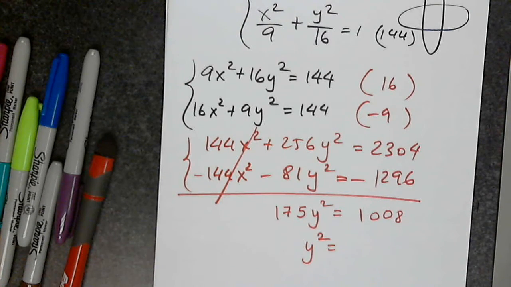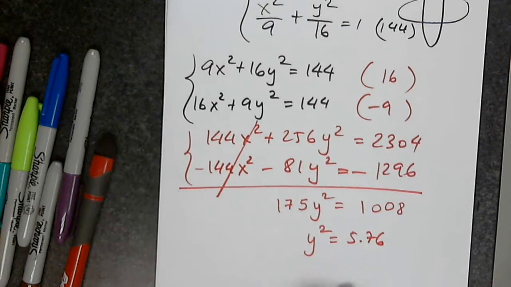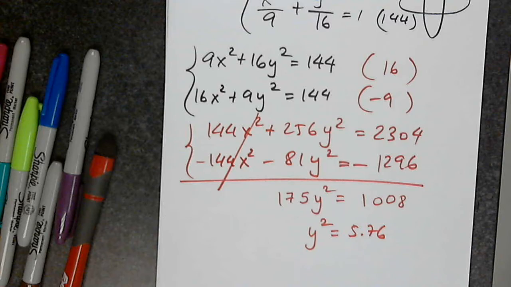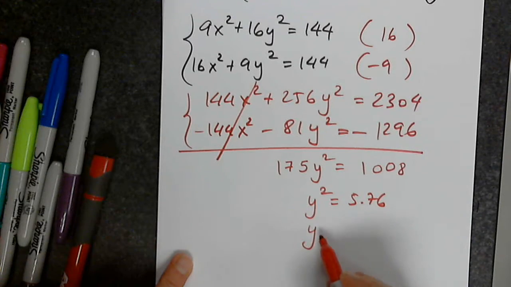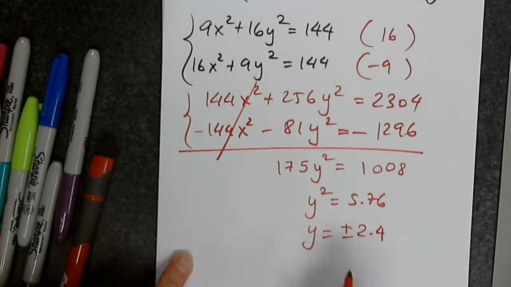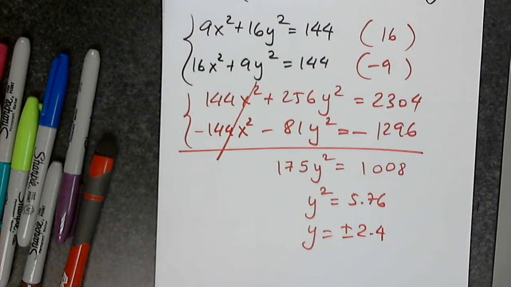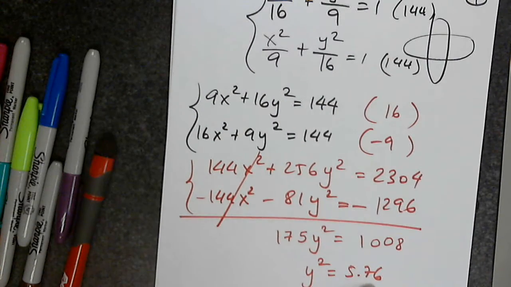And I divide by 175. And I got 5.76. And now I take the square root of this answer. And I got 2.4, but plus or minus, of course. I determined y squared as 5.76.